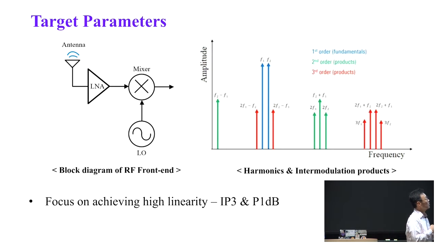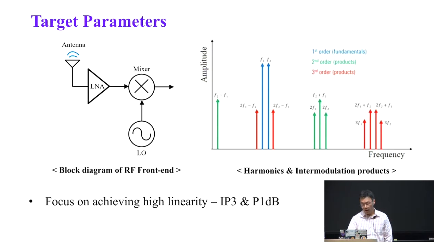In either case, we need to deliver the green signal to the input of the ADC. That is the ideal case. But again, because of the nonlinear characteristics, we will have really high frequency harmonic signals. So when we design the LNA or mixer, we need to focus on how to minimize those harmonic signals.